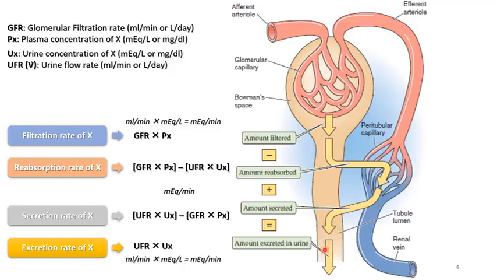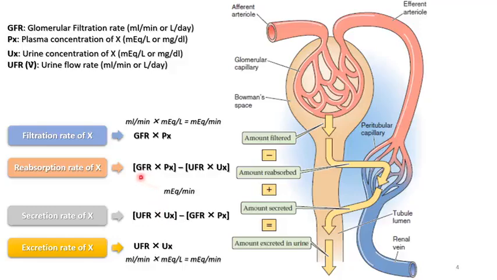We can calculate excretion rate of substance X by multiplying urinary flow rate by urine concentration of that substance, and again the unit is similar to the amount that is filtered, milliequivalent per minute.